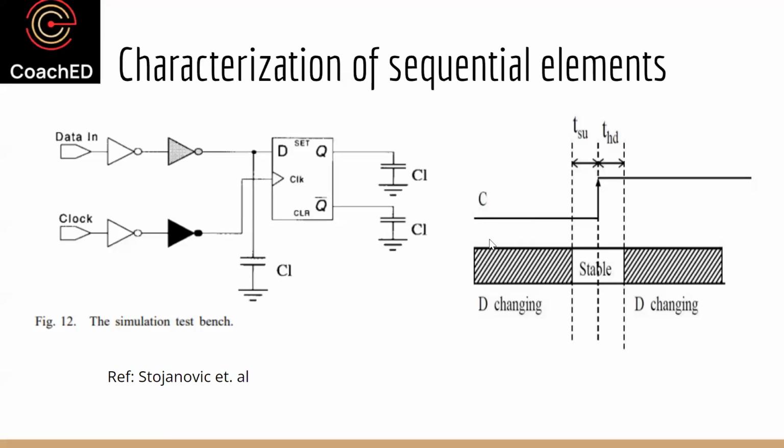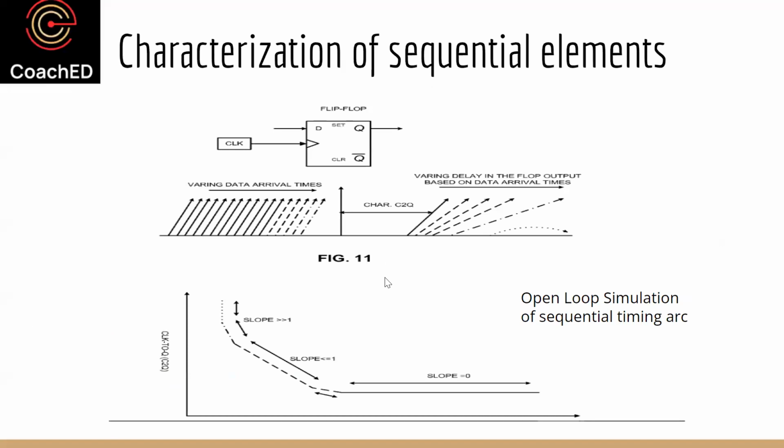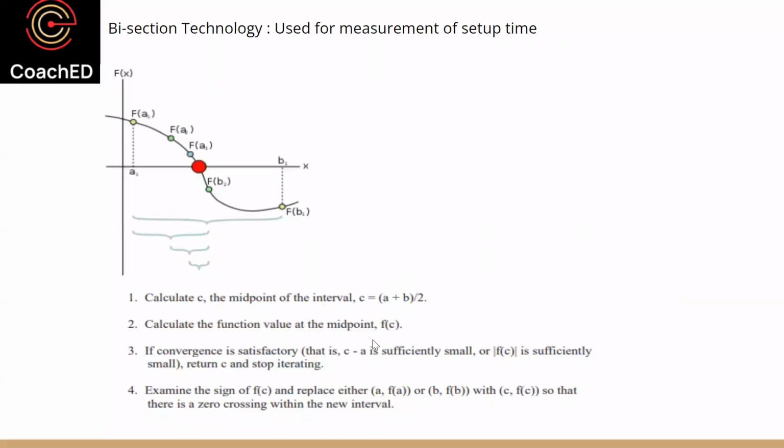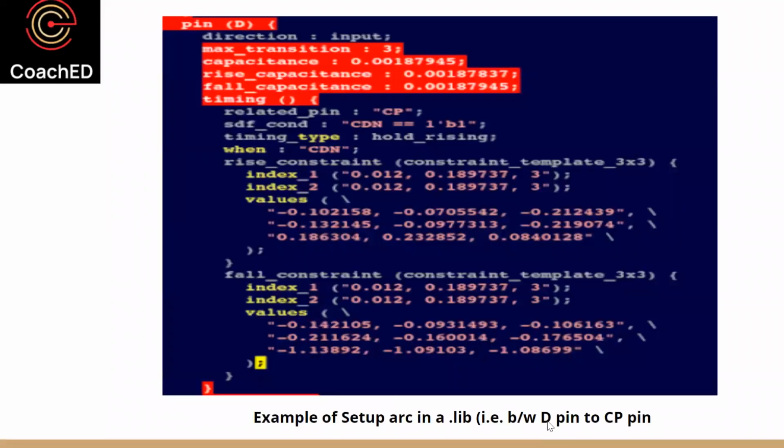So after we characterize the setup time or the hold time in similar ways, we could get a .lib. So this is an example of a .lib. In this case, it's between the D pin and a clock pin, where in this specific cell, the clock pin seems to be called CP. So let's look at it. The pin is D. Direction of this pin is input. It's a data pin.